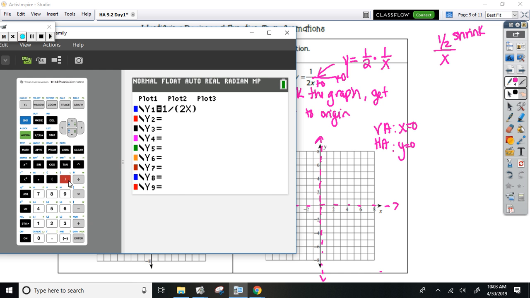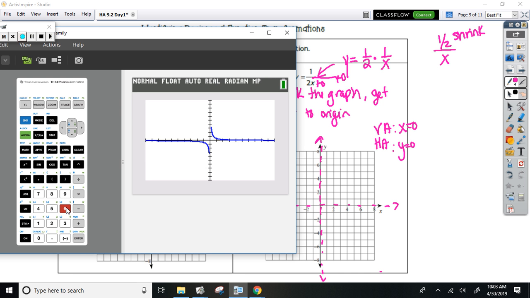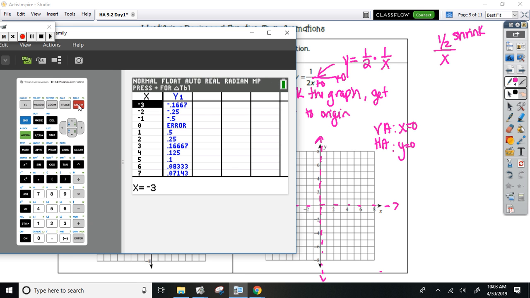And zoom 6. Again, it looks like it stops, but it does keep going. If you want to get some points that are plottable so that you can better than sketch it, go to your table, second graph, and you can clearly see there's an error at 0. But you can get a couple points that you could plot, like (1, 1/2).